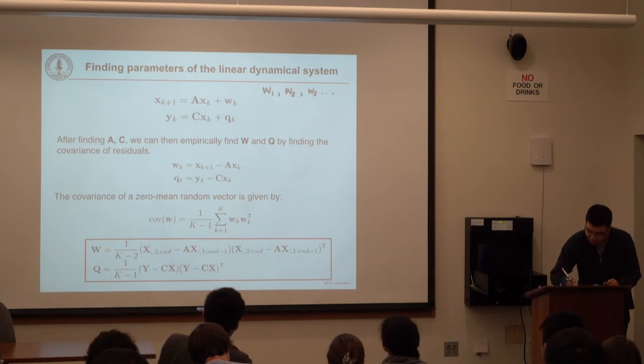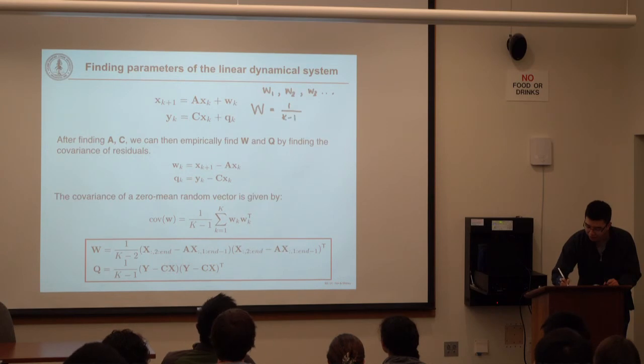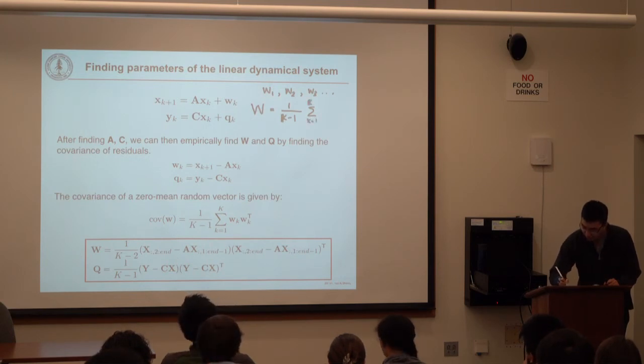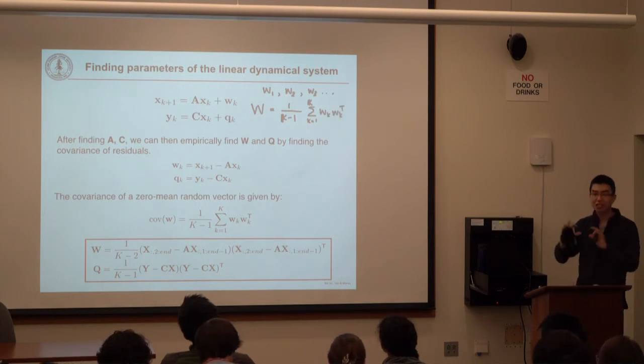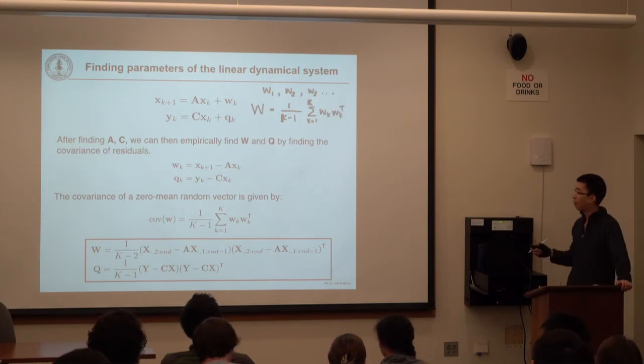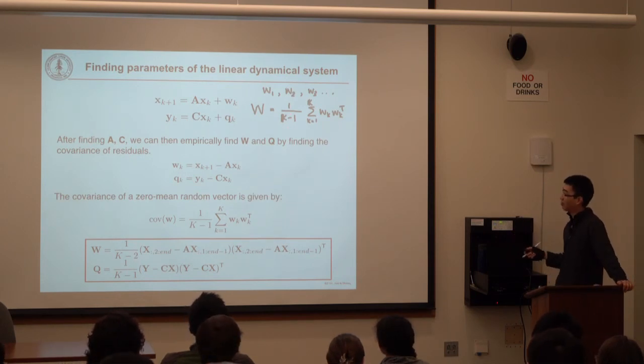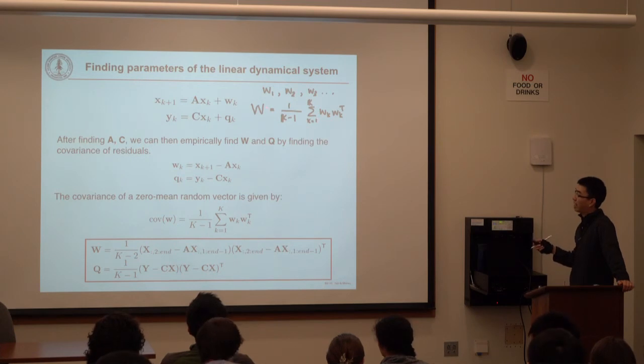That is just that big W is equal to 1 over k minus 1, the sum from little k equals 1 to big K of WK, WK transpose. This is just the formula for covariance. We won't expect you to know how to derive it or how to arrive at terms like k minus 1. But the problem is that to get this, we have to have observed the noises W1, W2, et cetera.